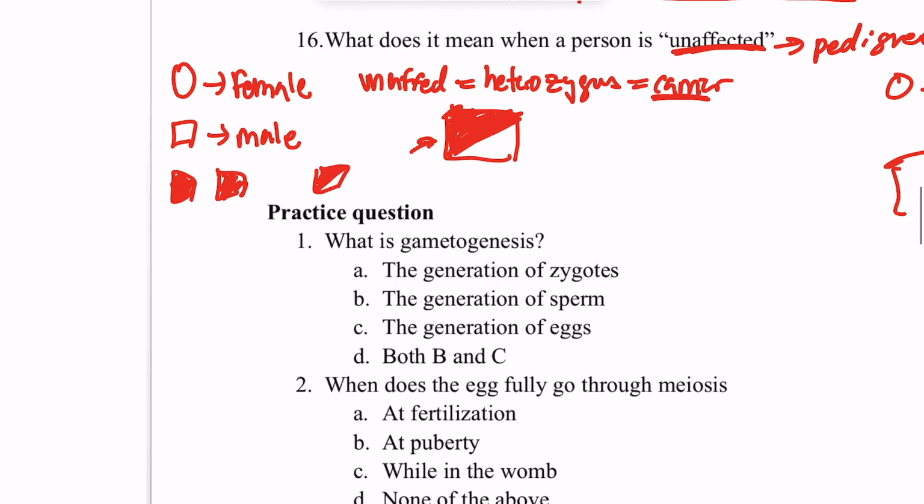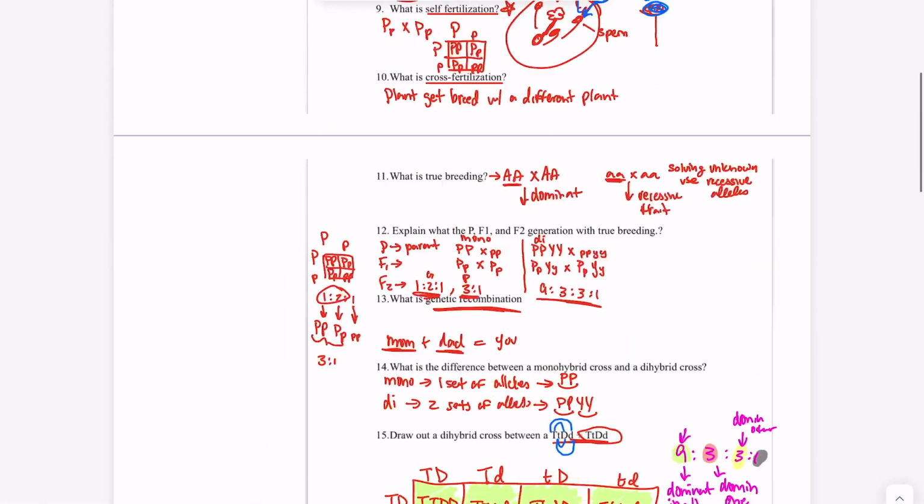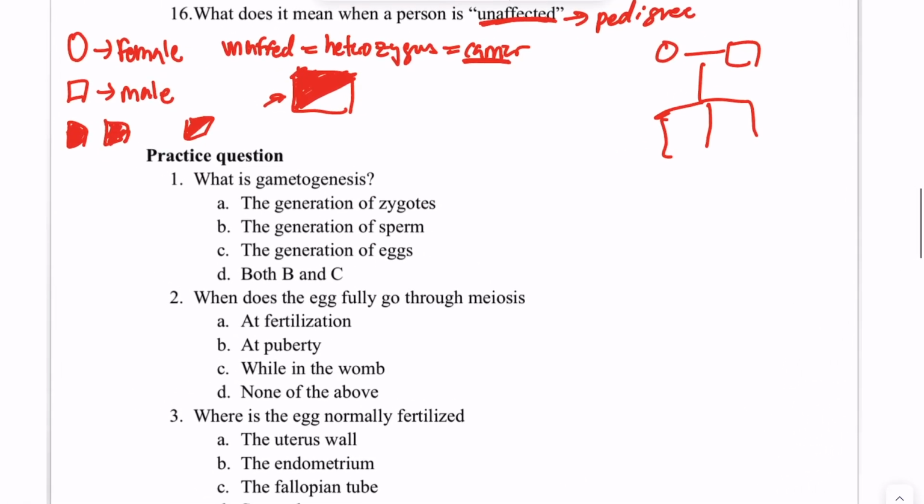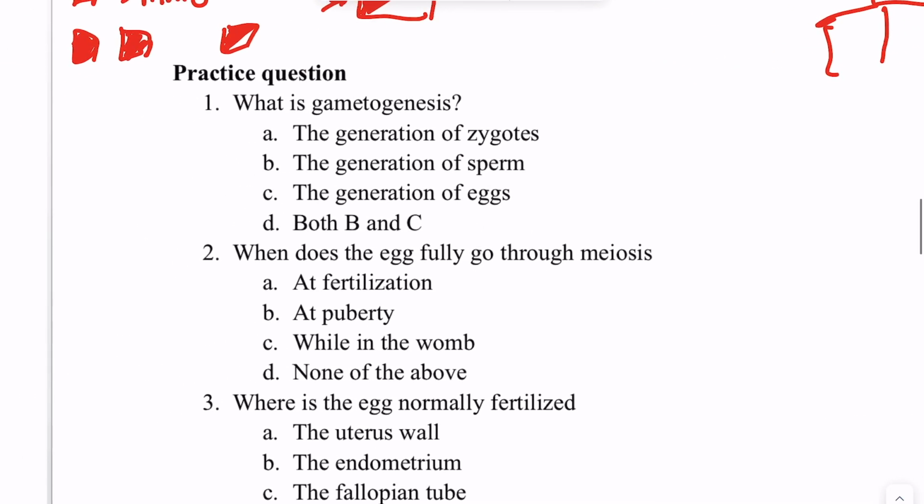Okay, so that should be it for all the lecture. Now we should move on to some practice questions. So the first practice question is, what is gametogenesis? The correct answer is D, both B and C, right?